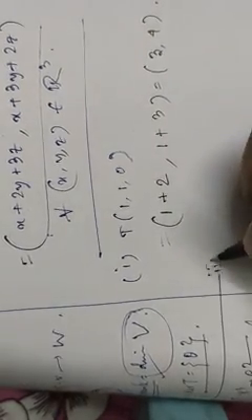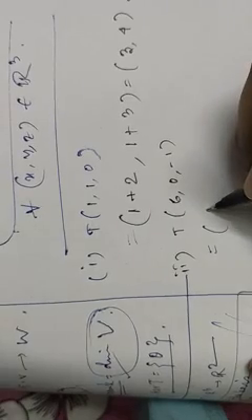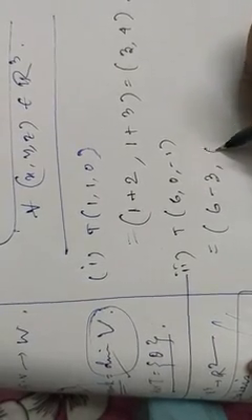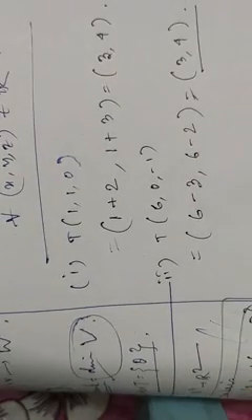If you put them in, you will get 1 plus 2 and then 1 plus 3, that is (3, 4). This is the image. Similarly you can find T of the next one, (6, 0, −1). This will be 6 minus 3 and then 6 minus 2, which is again (3, 4). So these are the required images.